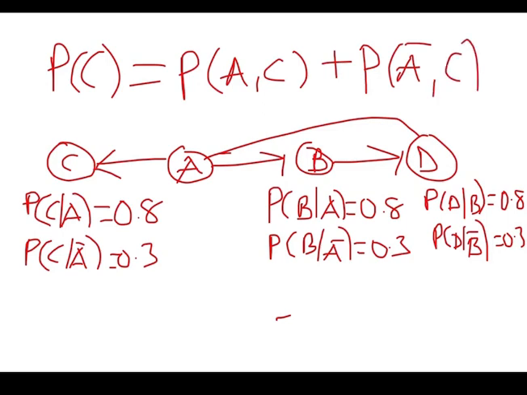I want to find the probability of C, but C depends on A. Now, the probability of C becomes a total probability because either A is observed or not. Any question? So I may want to find the probability of C when A is observed.